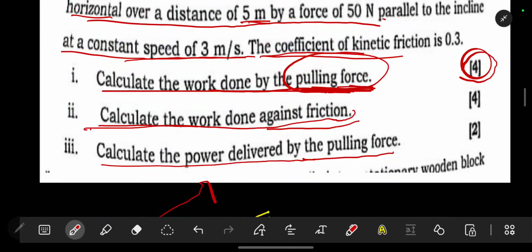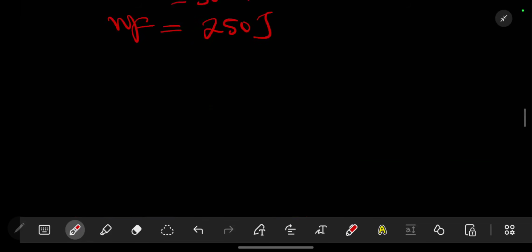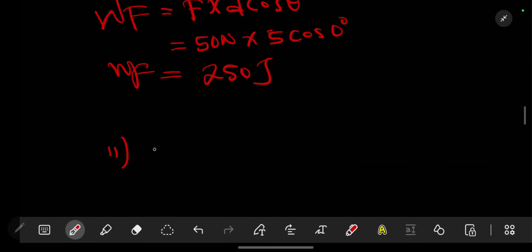Then calculate the work done by the friction. The work done by the friction will be equal to the frictional force times the distance with the cosine of 180 degrees.